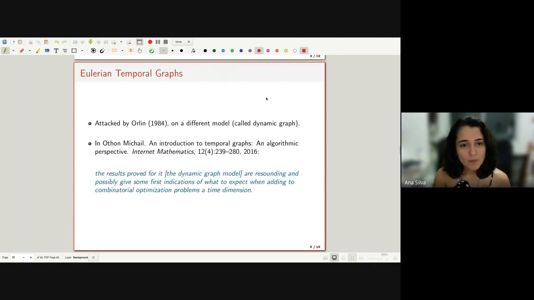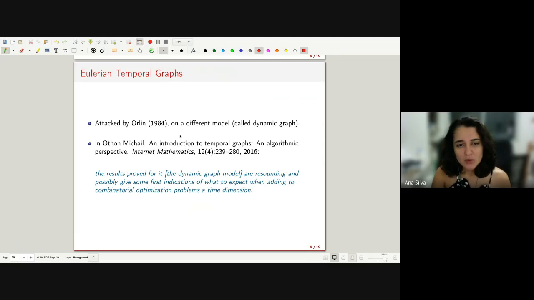In any way, Mikhail said this in this nice survey. He said that the results proved for the dynamic graph model are resounding and possibly give some first indications of what to expect when adding to combinatorial optimization problems a time dimension. So I think that what he meant by this is that the result by Eulerian suggested that the problem would be easy as well on temporal graphs. But as we'll see, this was not the case.